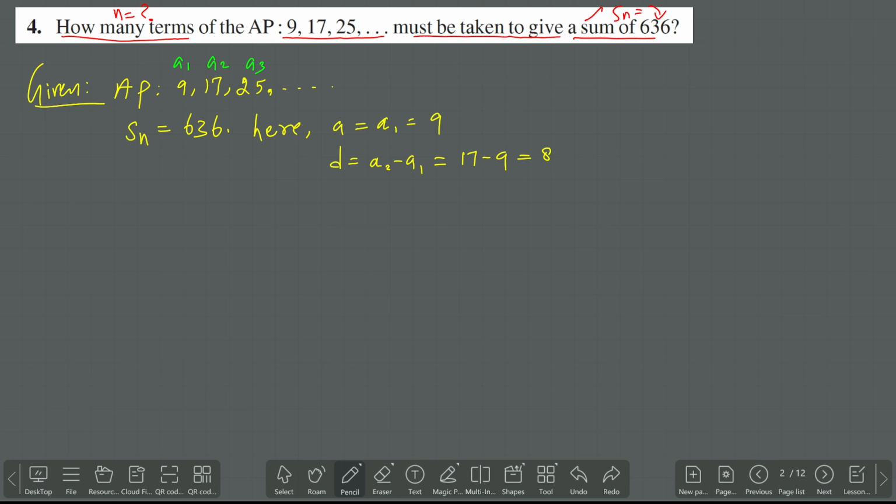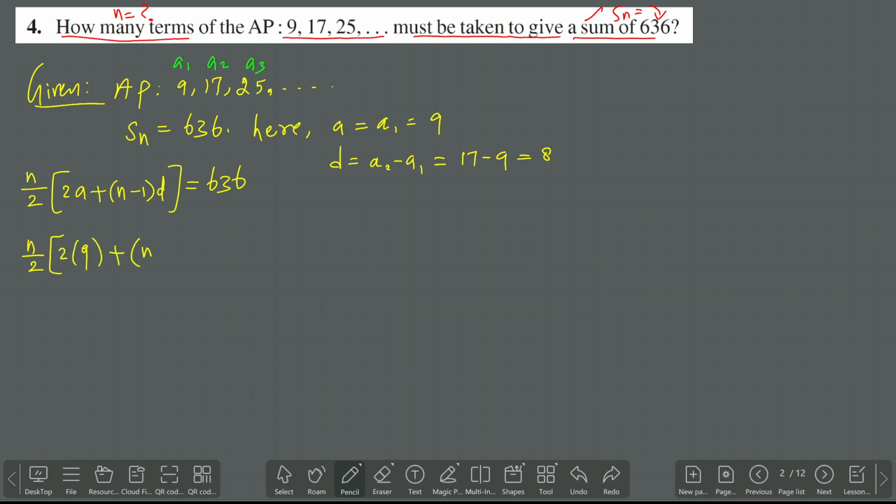That's it. Now we got the a value and d value. Now we can use the Sn formula. The Sn formula is n by 2 into 2a plus (n minus 1) into d, which is equal to 636. The n value we have to find. The a value I know, what is a? 9.